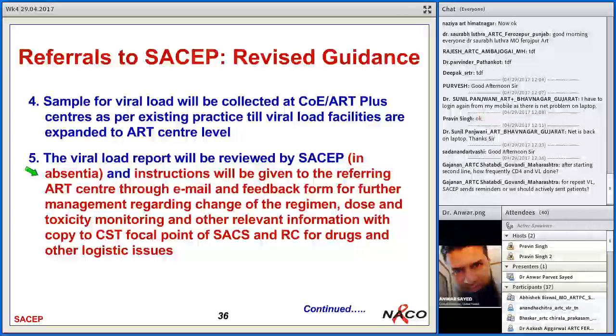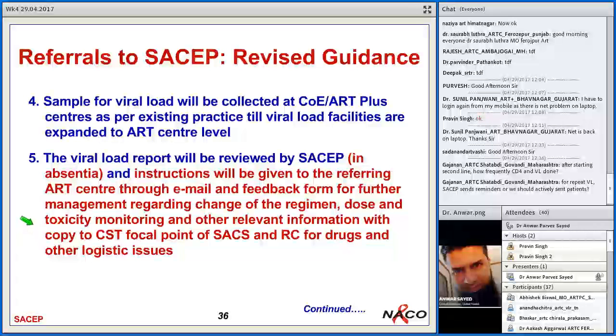For example, they decide that this is first line ART failure and this is the regimen you have to start, and that communication will go to the parent ART center, and the medical officer there will start the second line ART.